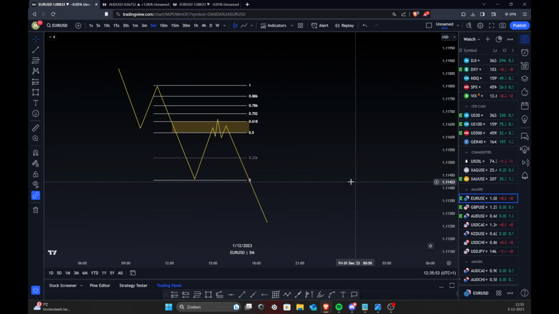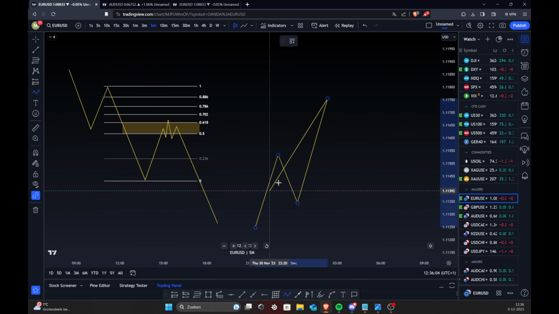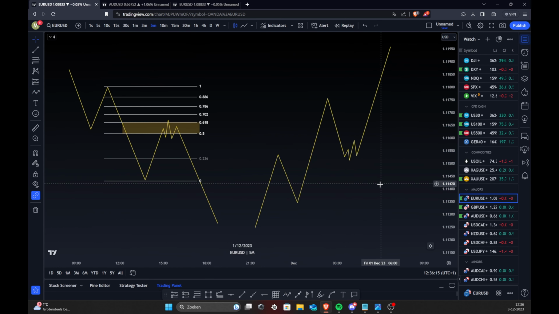Exactly the same thing in an uptrend, but then in reverse. So you have an up move, you have a retracement, then you have a break of structure to the upside again, confirming the uptrend, and then you want to see a move to our premium and discounted zone, where we can look for confirmation to buy to the upside.